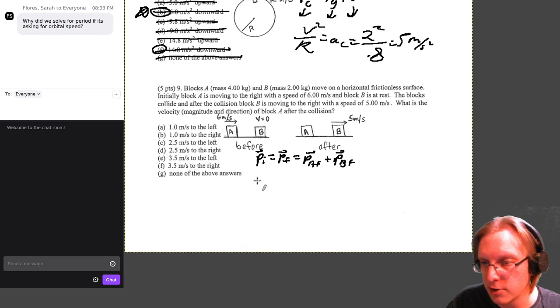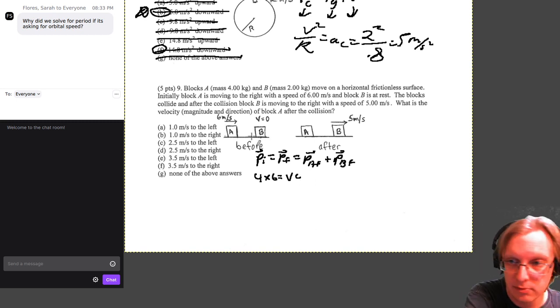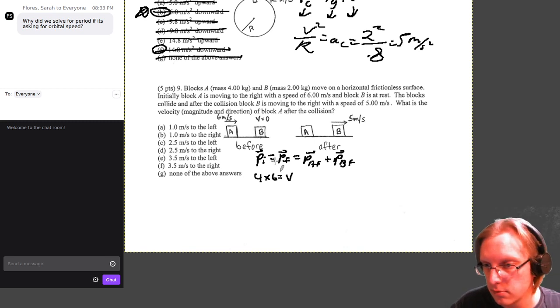Momentum initial coming in with mass and velocity, we have 4 times 6 equals some velocity to be determined times 4 kilos, plus 2 times 5 meters per second.